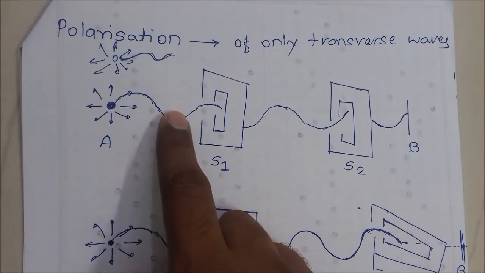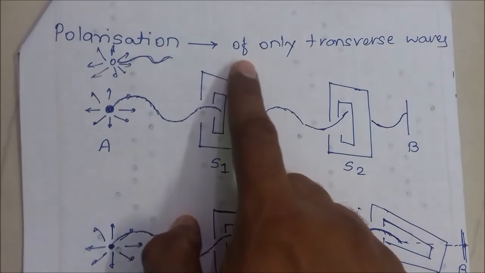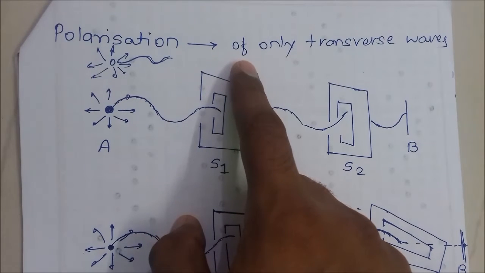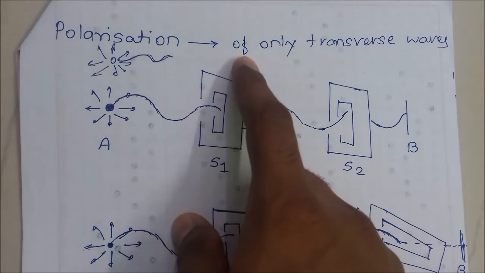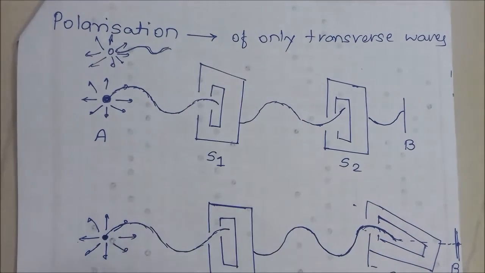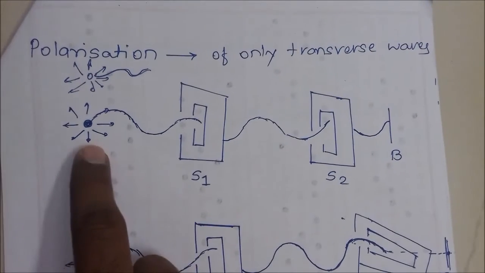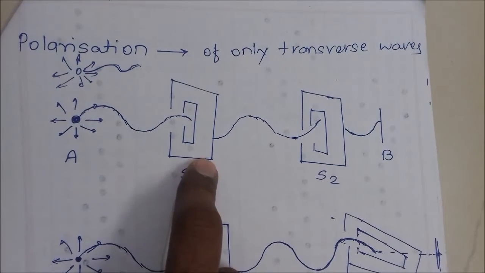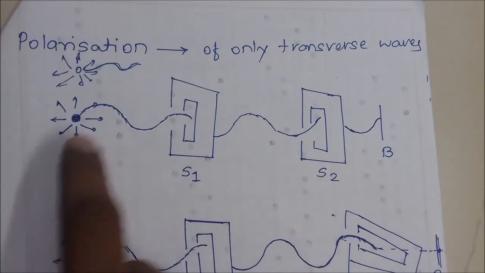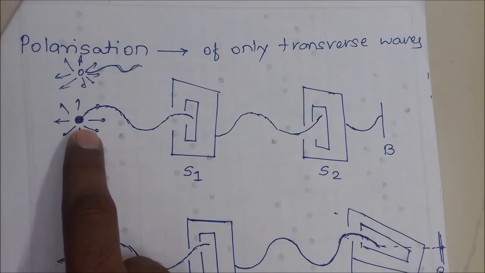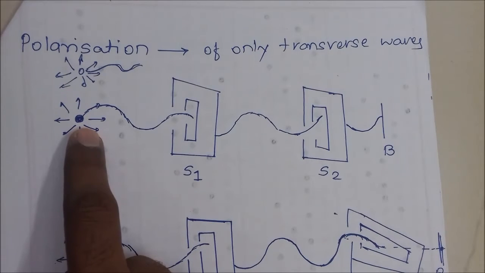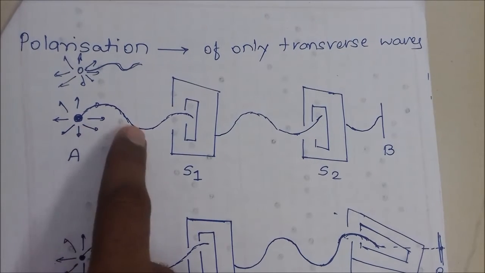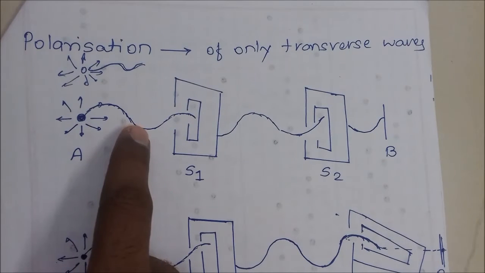Polarization of light. Polarization happens only for transverse waves. This is the source of light, this is the first slit and this is the second slit. When light is emitted from the source, vibration of light is present in all directions.